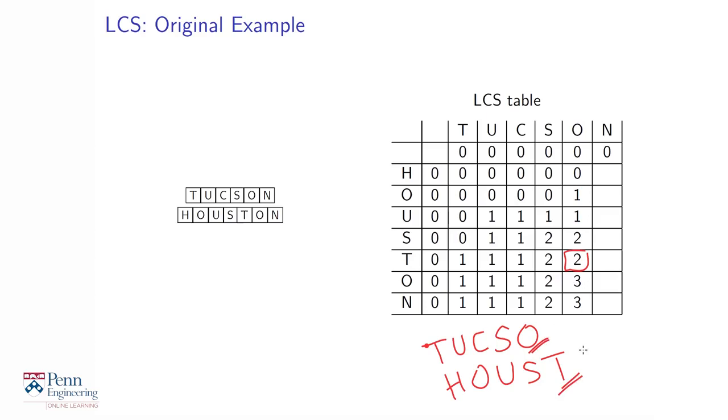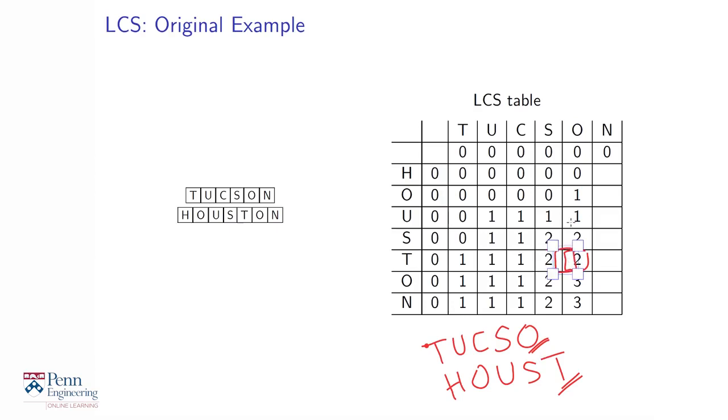So the choice is to either delete the last symbol from one and use the best sequence you can get from the rest of it, or delete the last symbol from the other and use the best sequence you can get from the rest of it. So if you delete the O from Tucson, you find that you can take this entry, which is TUCS matched to HOUST, and of course you don't get any extra score because you're not matching anything more.